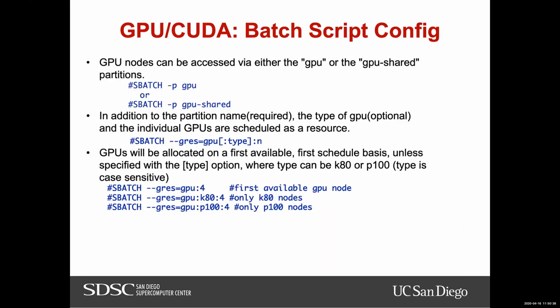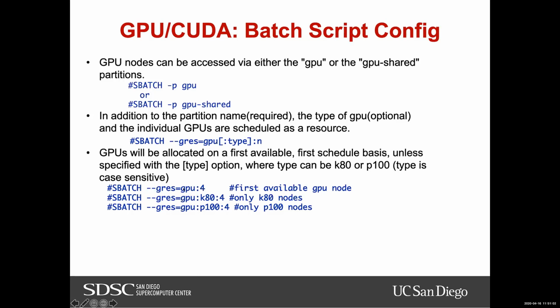For GPU CUDA, the batch script configuration, you can define the partition to be GPU or GPU shared. With GPU shared, other jobs might be on that same node. But you might get that faster and you might be charged fewer CPUs for that. You also need to specify the type, and on Comet there are 2 kinds.